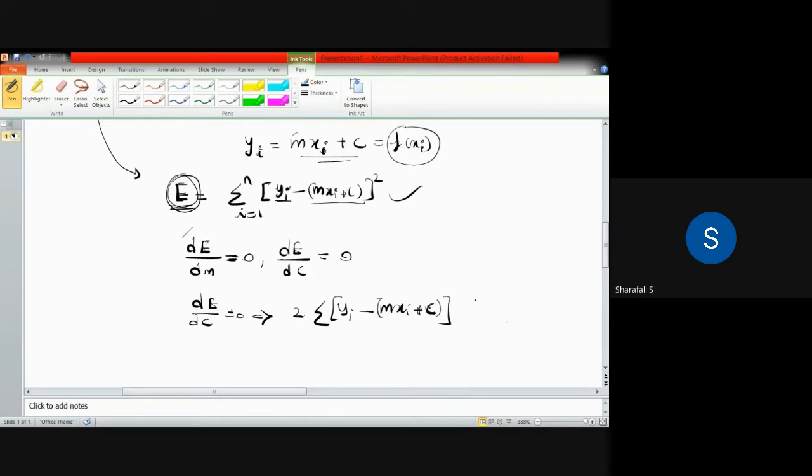So this is the total terms. Thus this has to become 0, which means sigma yi should be equal to sigma mxi. So if you consider sigma here, this is m into sigma xi. I'm just taking this mxi plus c onto the other side, plus nc.